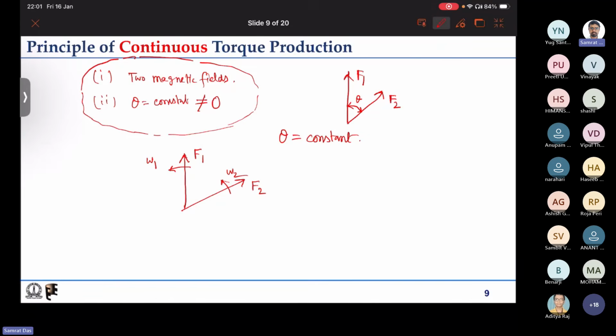The first case is omega 1 equal to omega 2 equal to 0, when both the fields are stationary, that is, we have stationary magnetic fields.